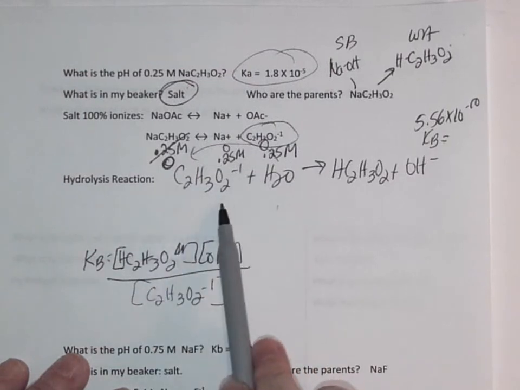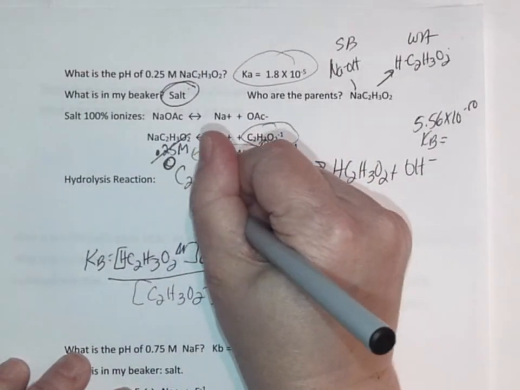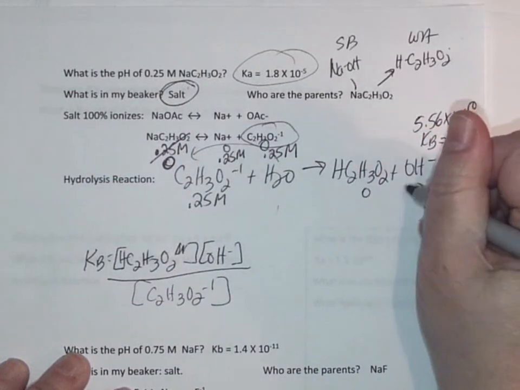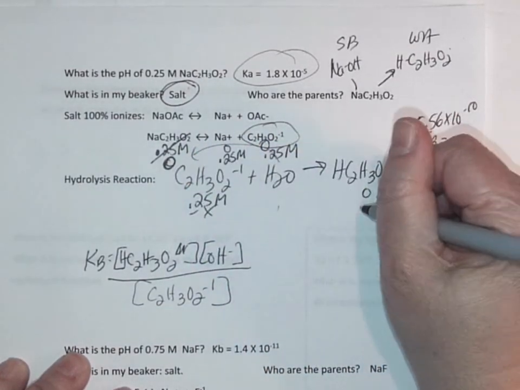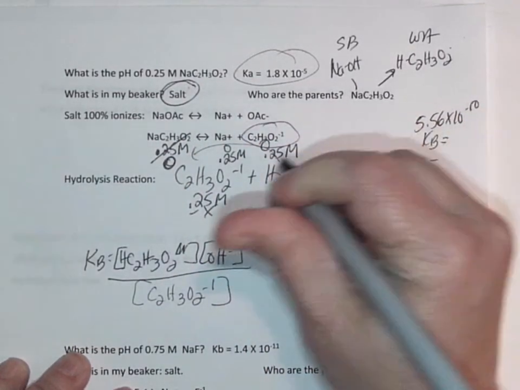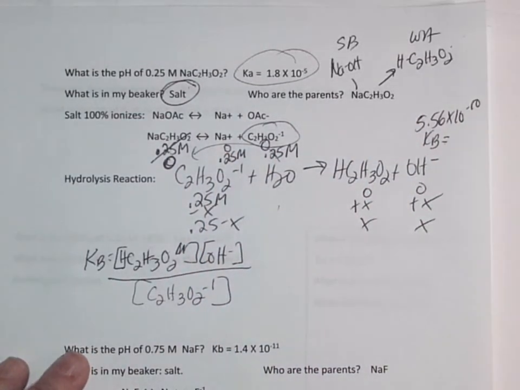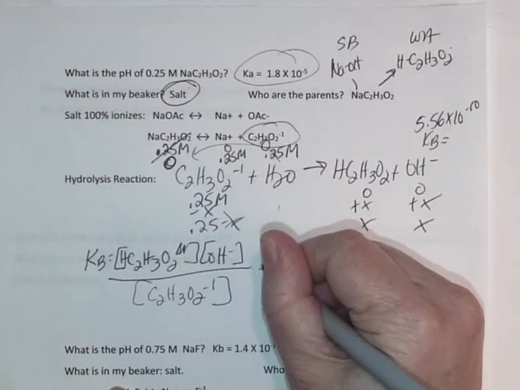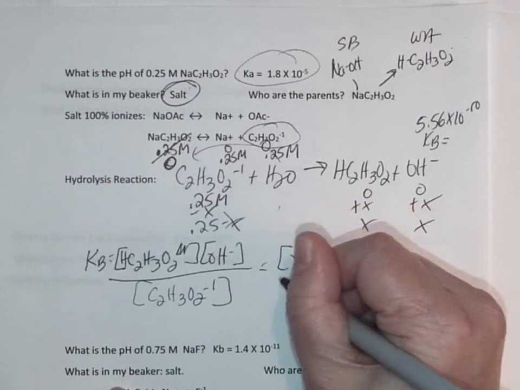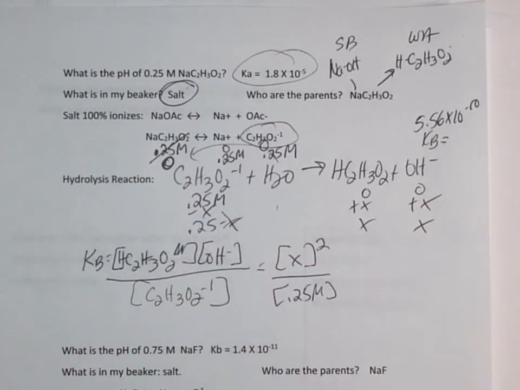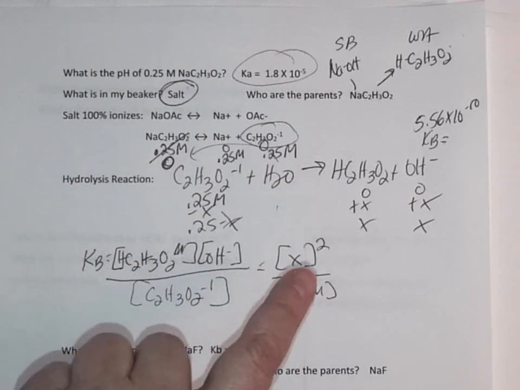So when I do this, it's saying I have 0.25 molar concentration from that dissociation, 0 over here, minus a little bit X over there, add some over here. All right, and it looks like that. So I'm going to ignore that X. This becomes X squared over 0.25 molar is equal to the Kb.